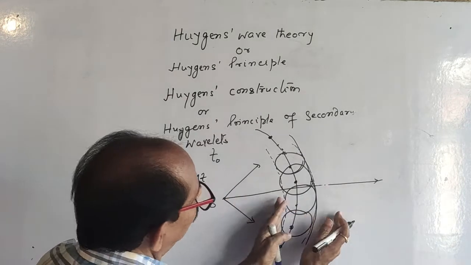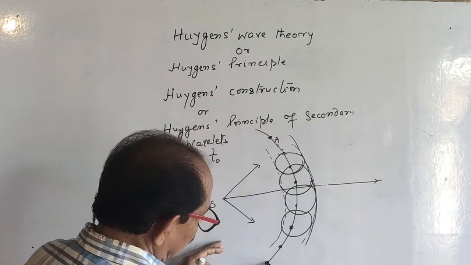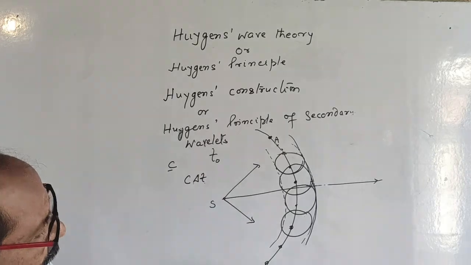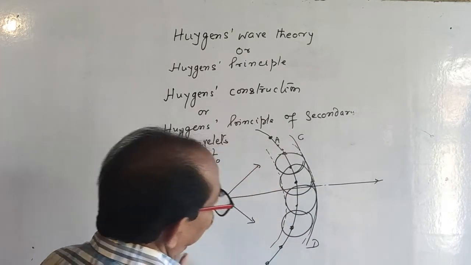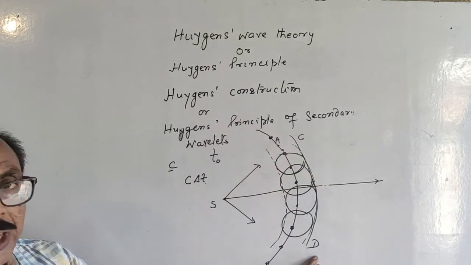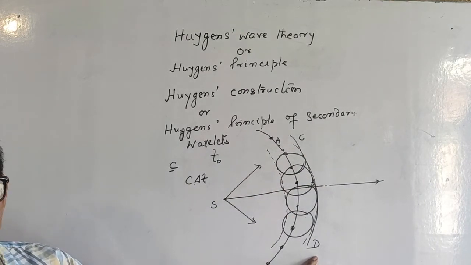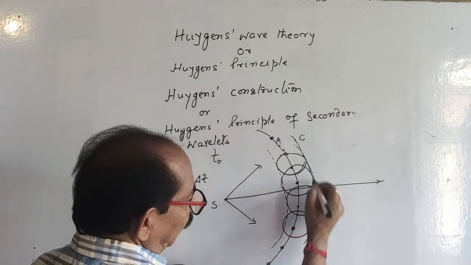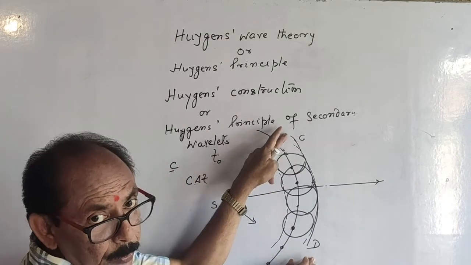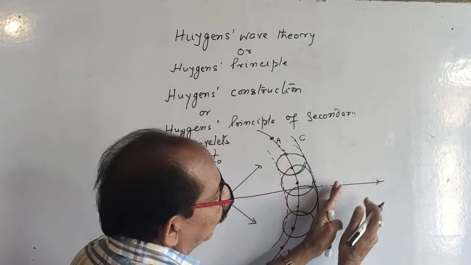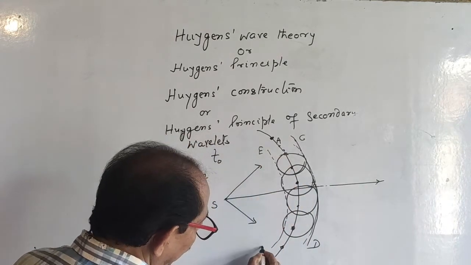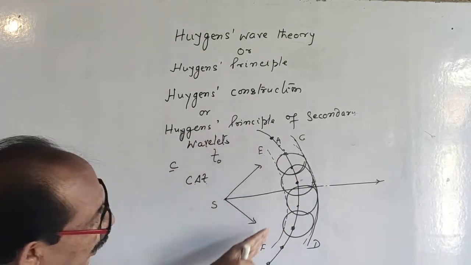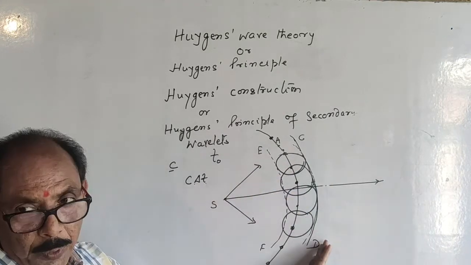This is the forward position. AB is the first, and CD is the second position of the wavefront. It is the forward position of the wavefront. We can assume this is EF, the backward position, and this is the forward position.